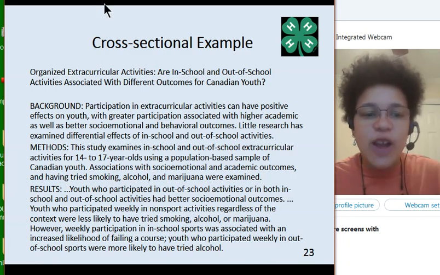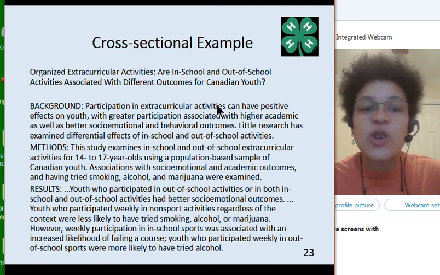And that was one of the activities that was considered an out-of-school activity for the students in this study. So that's why 4-H is the thing that I want you to associate with this cross-sectional example.